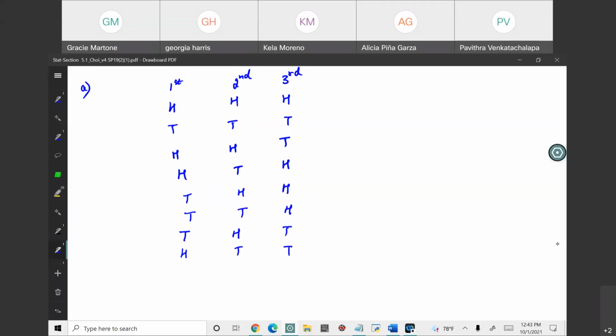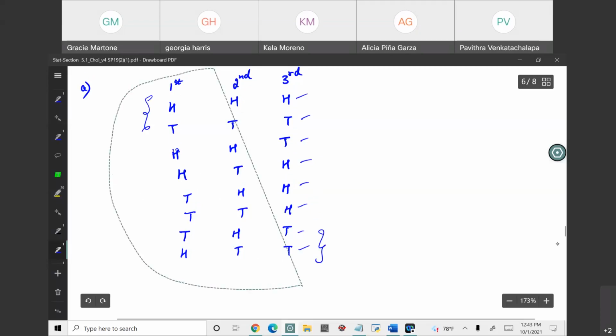I guess I have not repeated anything here. Now, if you count this, there are 8 outcomes, right? 1, 2, 3, 4, 5, 6, 7, 8. This is called the sample space, all the outcomes.